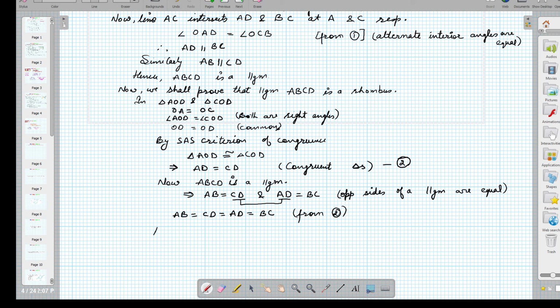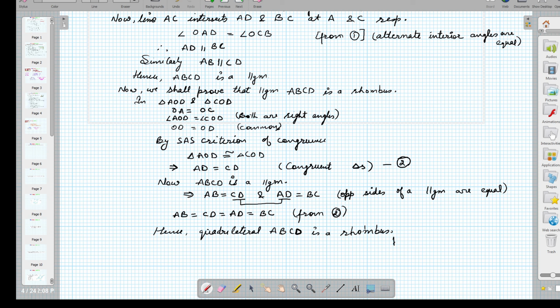If all are equal, so we can write hence the quadrilateral ABCD is a rhombus.